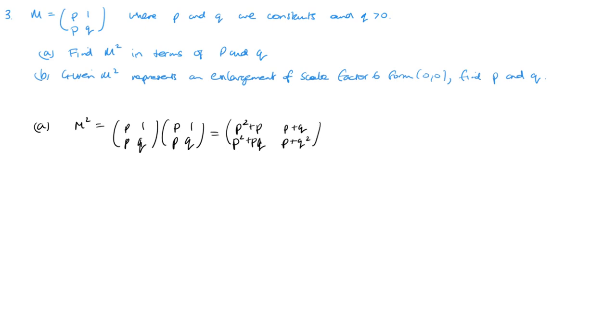Now, part B. M2 represents an enlargement of scale factor 6. Now, I can start by finding the determinant, but that's obviously very complicated. But remember that this is what we should have, isn't it? So if it's an enlargement of 6, then these values would be 6. And this should be equal to this.